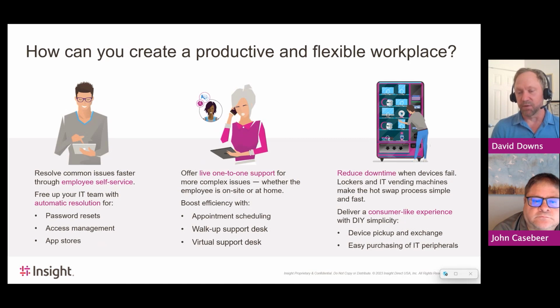I need this for my next travel, I'm just going to pick it up from the locker. We also see this used a lot for exchanging devices. So you have your refresh program, you're at the 3-year mark. Maybe you still have a lot of people that could drive into the office. They don't work from the office, but they're close. Well, just send them a code for the locker. They come in, put their old device in, take the new one out, and off they go, off and running.